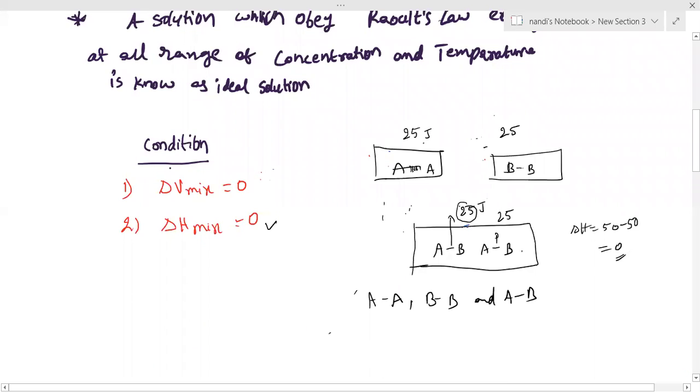There is no difference, so in that case delta H mixture is 0, because when net attractions are the same, there is no change in energy. In other words, when we are mixing these two solutions A and B, they are not absorbing heat and not releasing heat, so we call delta H mixture 0 in those cases.